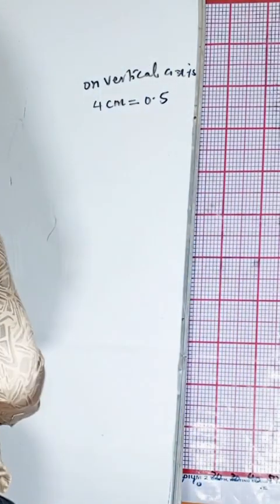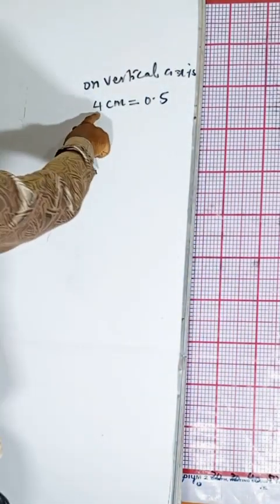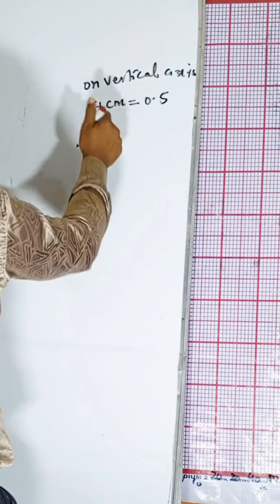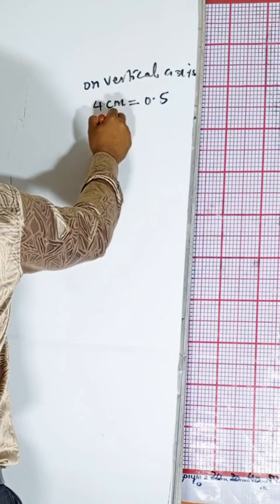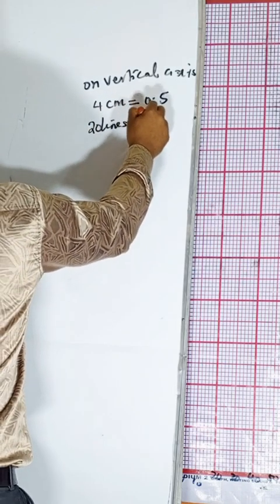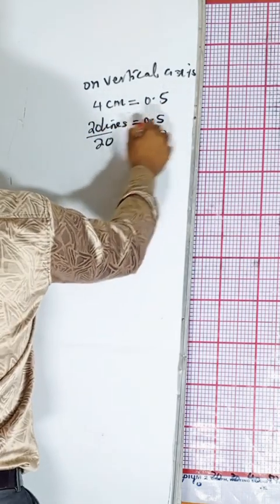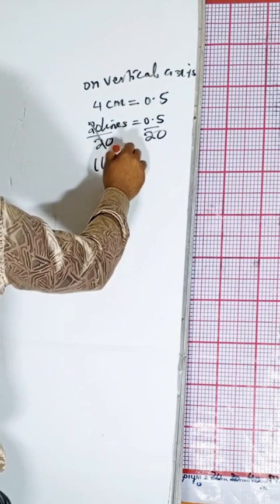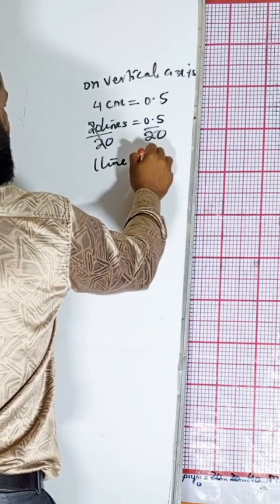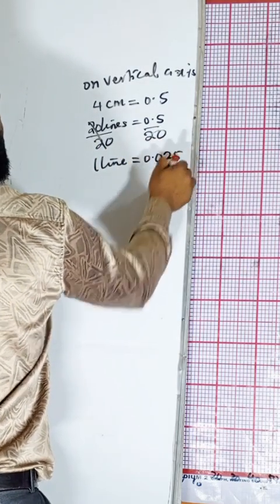It's all right. Okay. Now, that means if 2 cm is 10 lines, that means 4 cm is going to be 20 lines. So I'm going to say 20 lines is equal to 0.5. If I divide both sides by 20, one line is going to be 0.025.